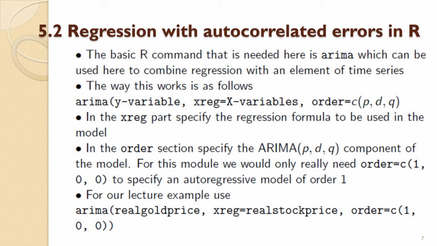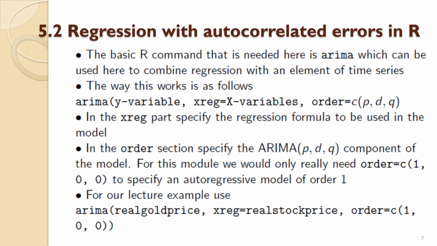If you wanted to do regression with autocorrelated errors in R, the basic R command that's needed is called arima. This is important here because the name ARIMA indicates that what you've got is some combination of regression with an element of time series. The way this would work, you want arima of the Y variable, the xreg argument lists the x variables, and then the order of the ARIMA model.